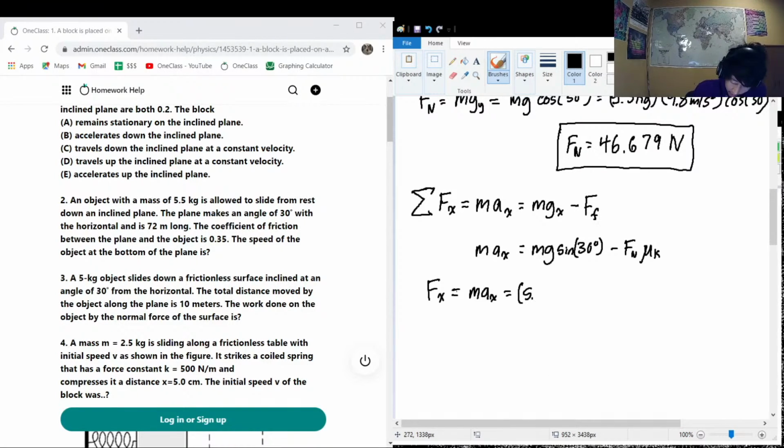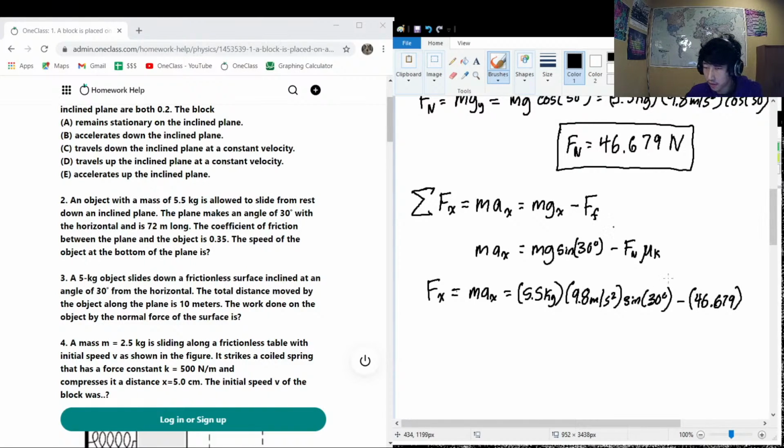So we have 5.5 kilograms multiplied by 9.8 meters per second squared multiplied by sine 30, minus Fn, the normal force, which is 46.679, multiplied by the coefficient of friction, which is 0.35.